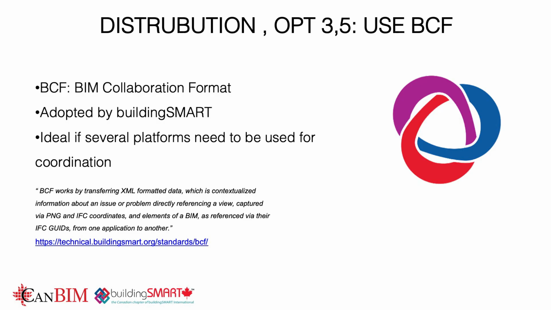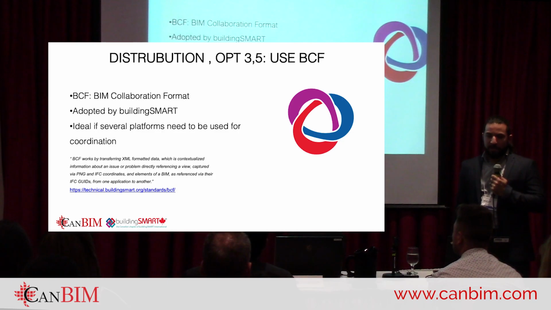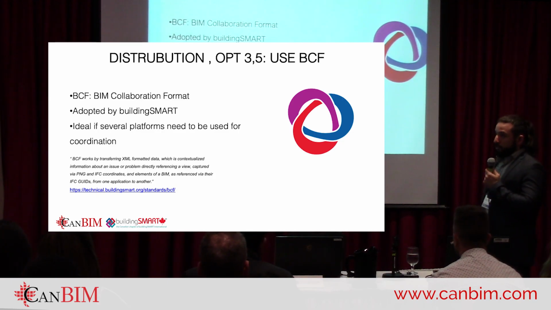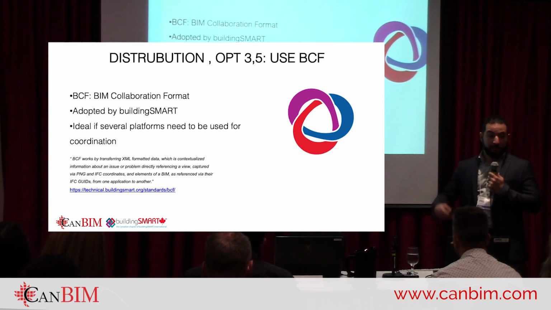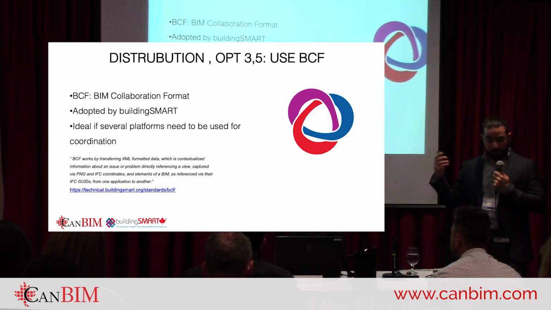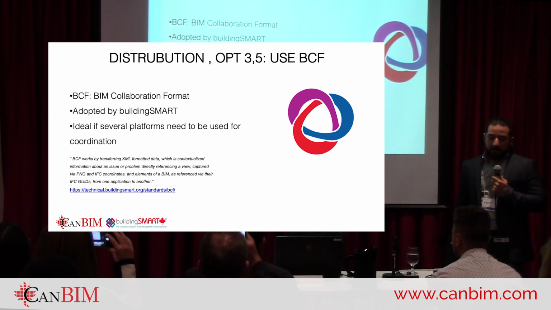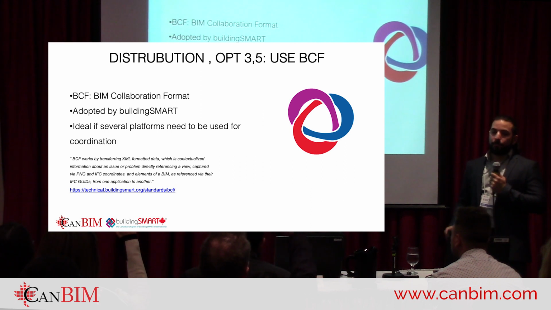So option 3.5 is using BCF. BCF is a BIM collaboration format. It is a format that's been adopted by Building Smart, which I actually didn't know. I learned when I was researching for this. So I thought they developed it like IFC, but they actually adopted it. So this is basically an open source collaboration format.